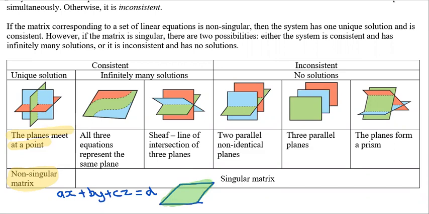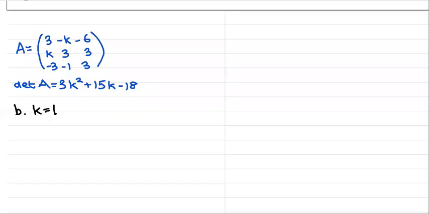Okay, so let's move on to the next 2 cases. We've got to consider k when it is a different value next. So now let's have a look at the situation where k is equal to 1. Well, for part B, the determinant of A when k is equal to 1 is going to be 3 plus 15 subtract 18.